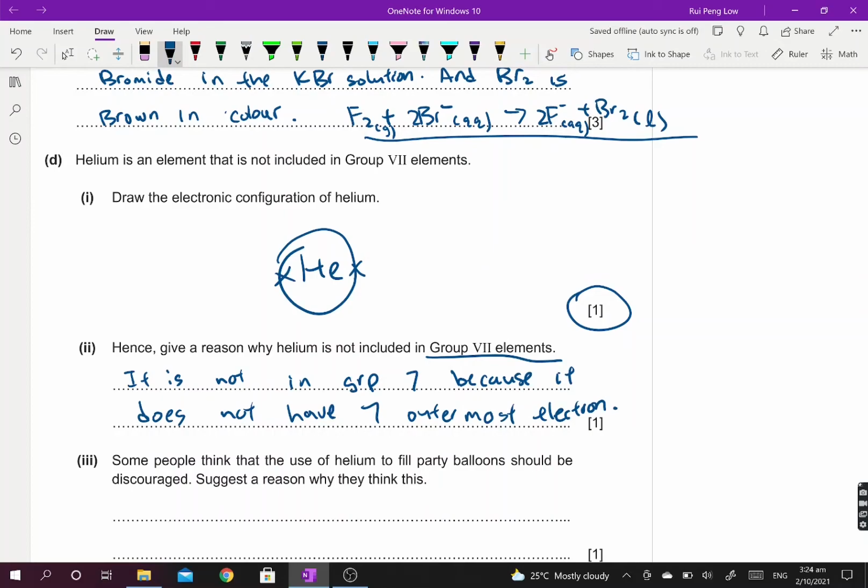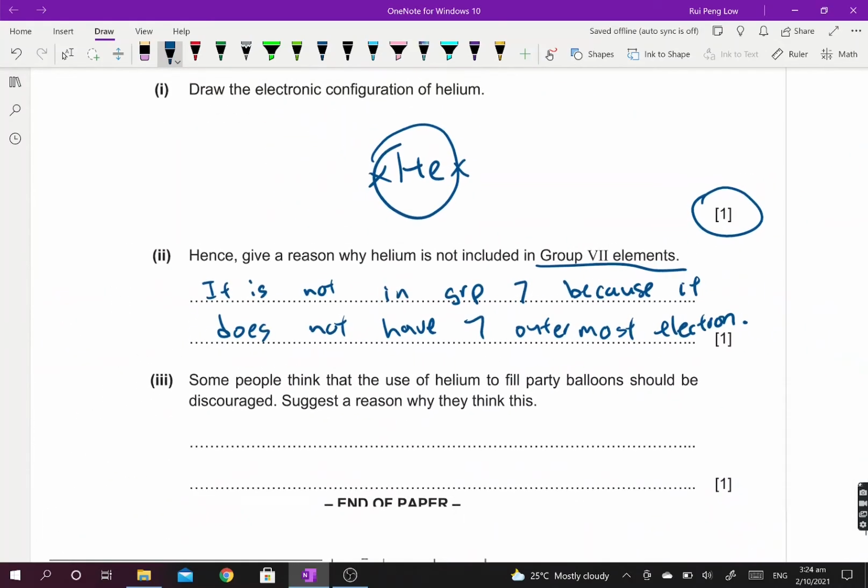Okay, but neither are you going to say that this helium has 2 outermost electrons. In fact, you need to add one more statement just in case, to prevent any misunderstanding. We will say that helium has a full outermost electron configuration.